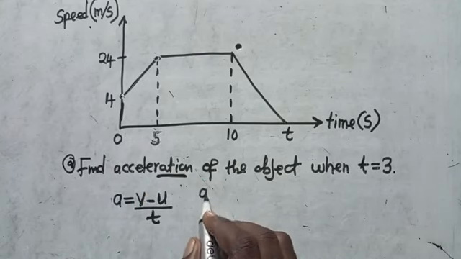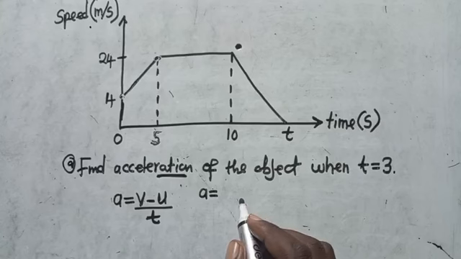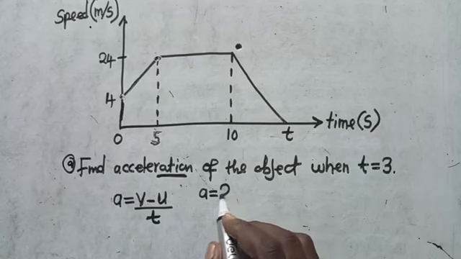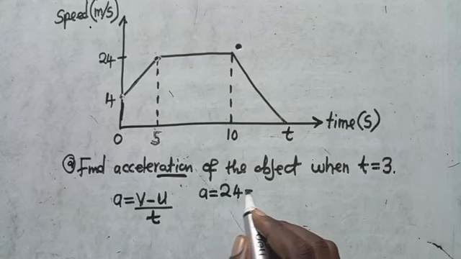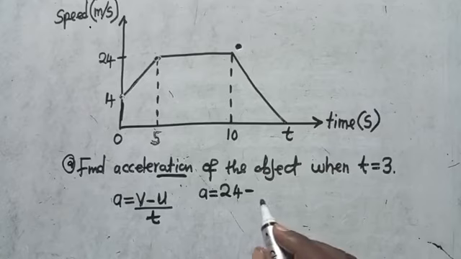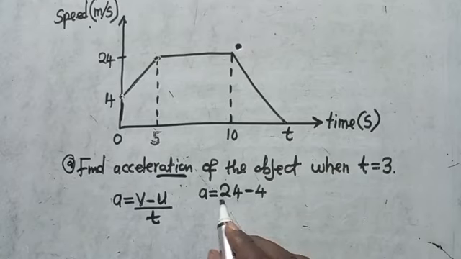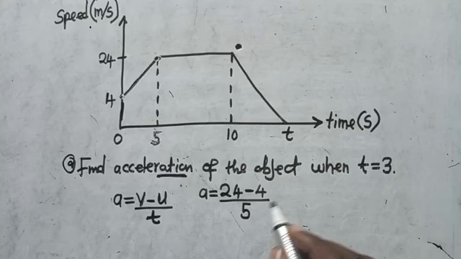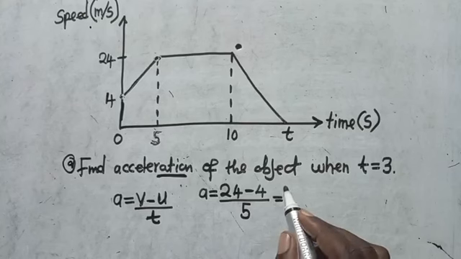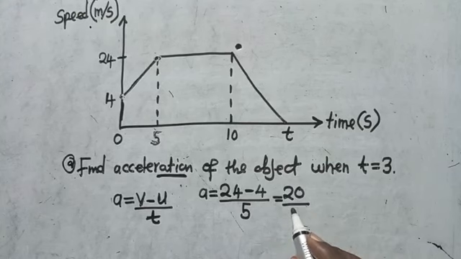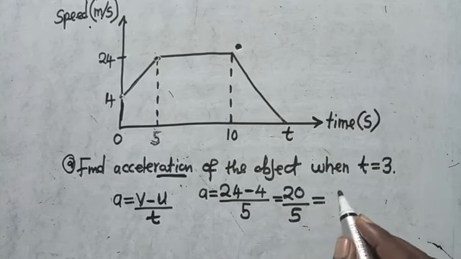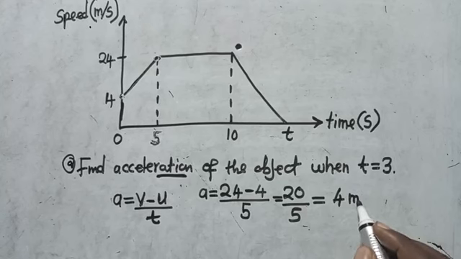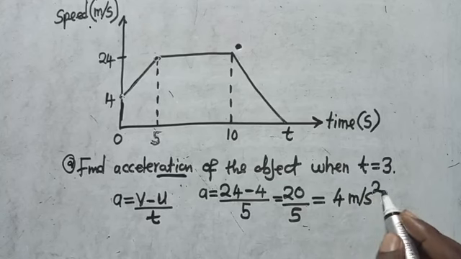So the acceleration in the first 5 seconds is equal to final velocity 24 minus initial, where it was starting from 4, over the time interval, which is 5. Here I'm going to have 20 over 5, which is equal to 4 meters per second squared.